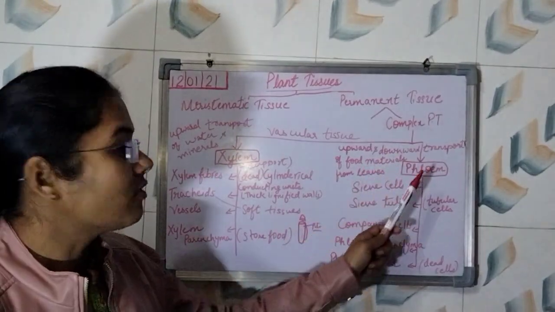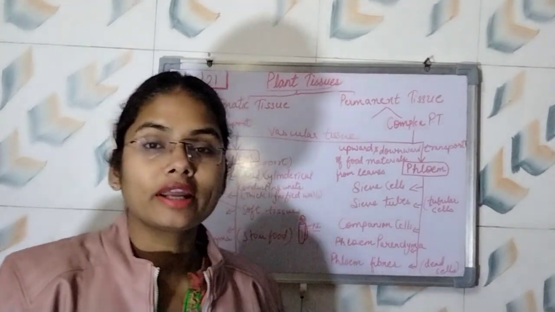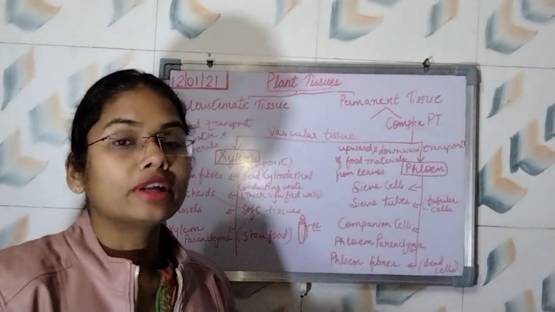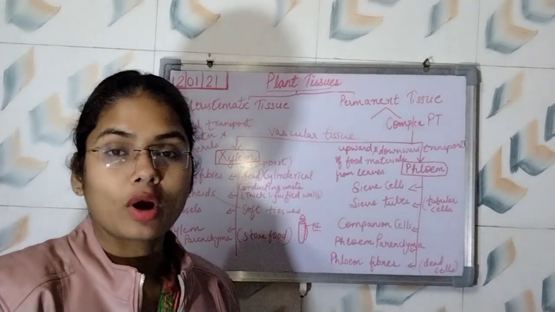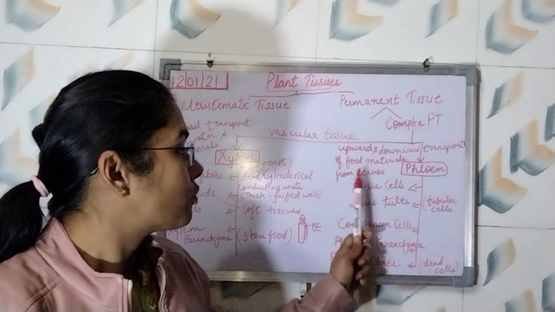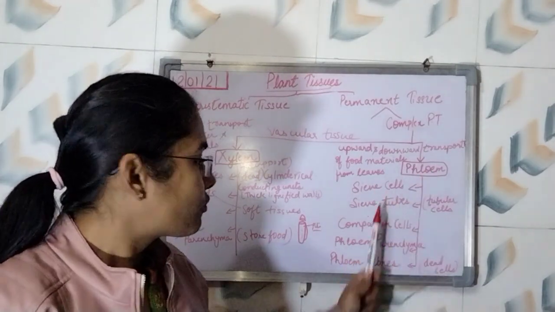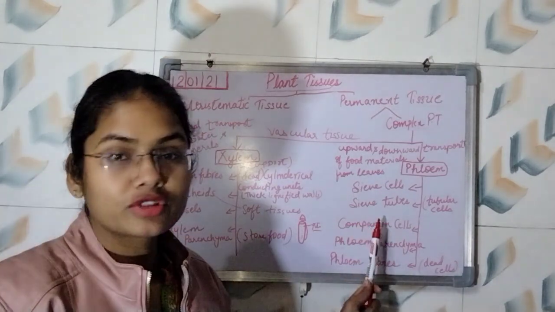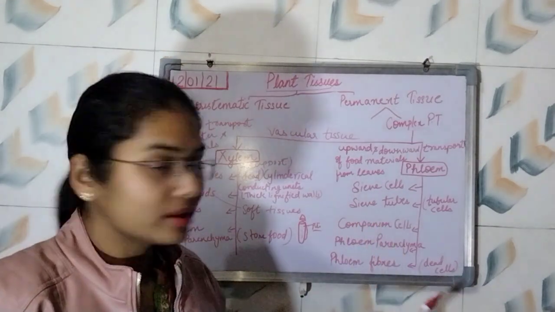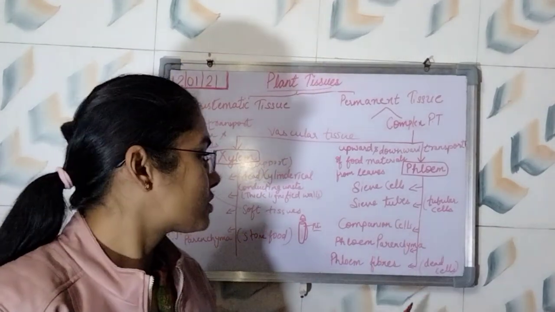The next we have phloem. So this phloem helps in what? It helps in upward and downward transport of food materials throughout the plant, okay, from leaves, right? Also this phloem is of five cells. The very first is sieve cells, then sieve tubes, then companion cells, then phloem parenchyma, then phloem fibers, right?